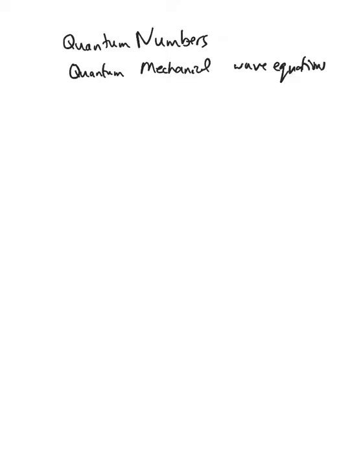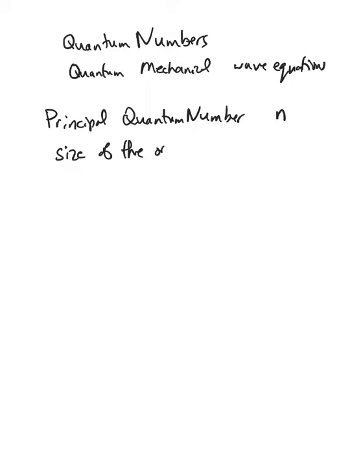And so there are going to be four quantum numbers that we want to talk about. The first one is the principal quantum number. And we're going to denote that with a lowercase n. And it determines the size of the orbital and the energy of the orbital.